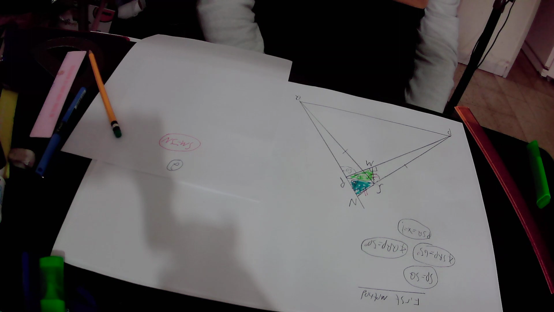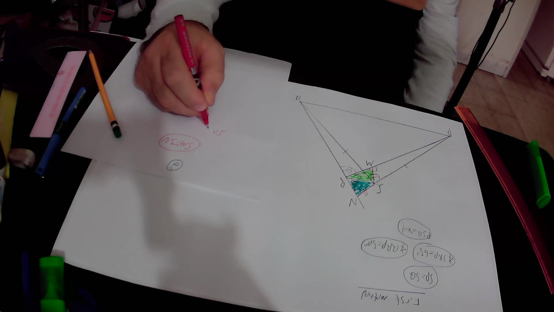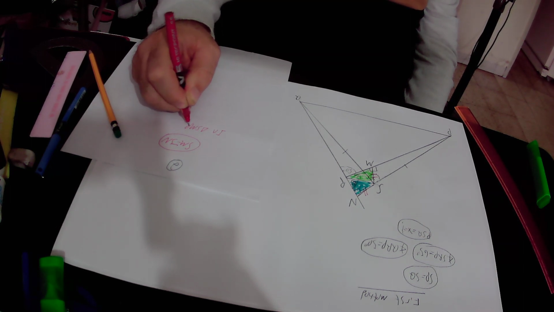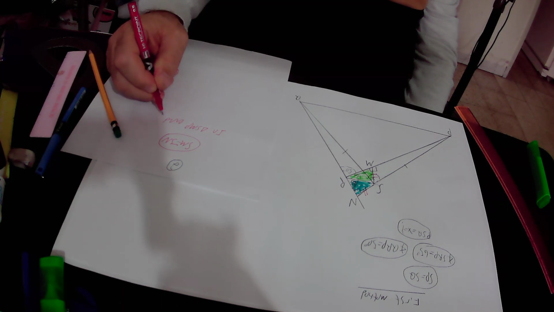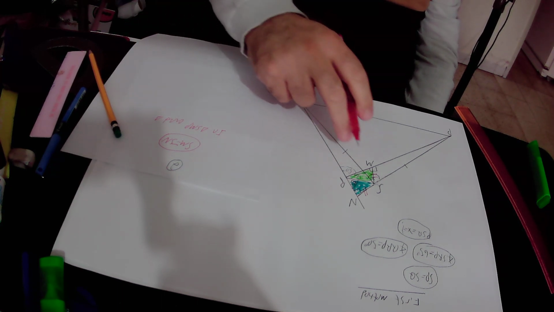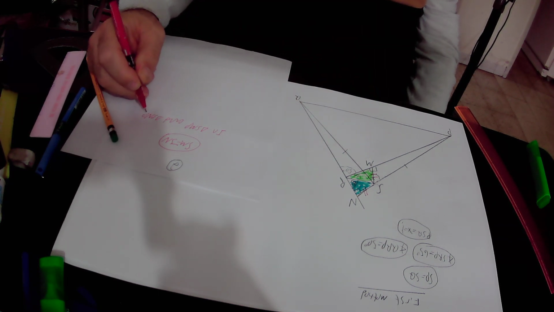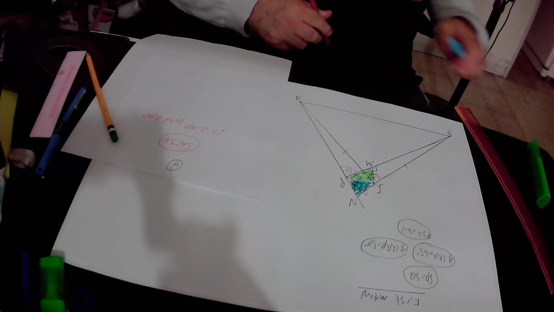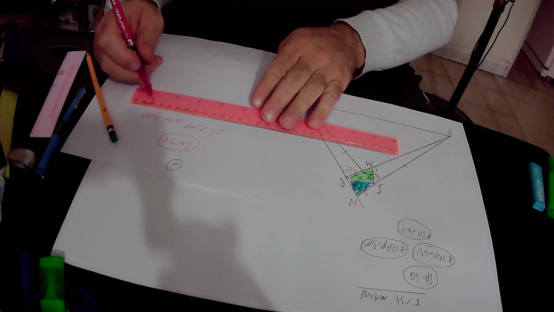Okay, in the next step we will focus on the right triangle SMP and the other right triangle SNP, and we will prove that those two right triangles are congruent.